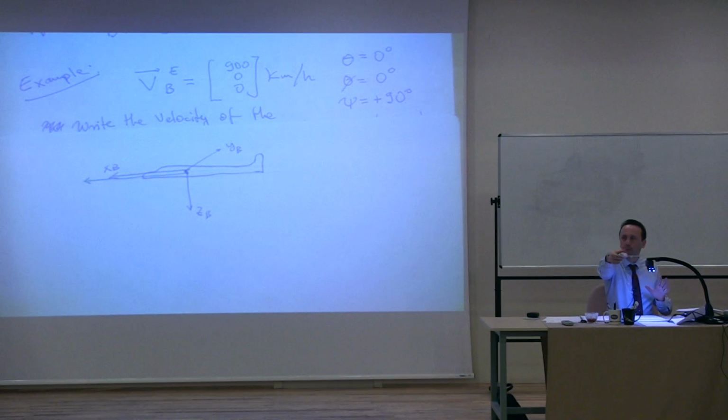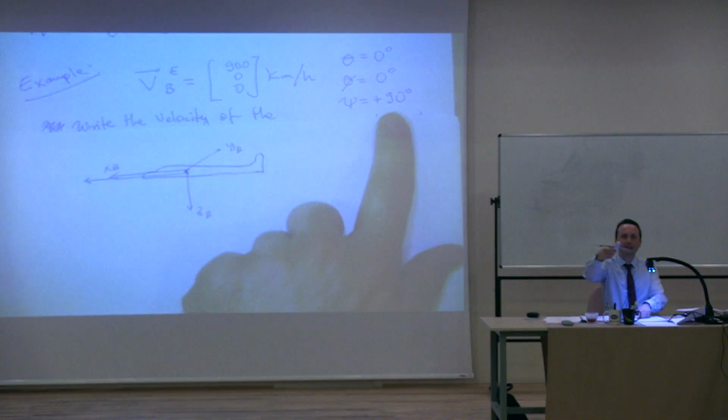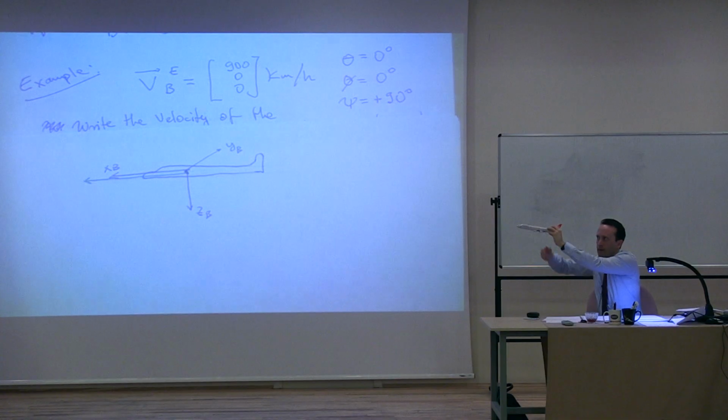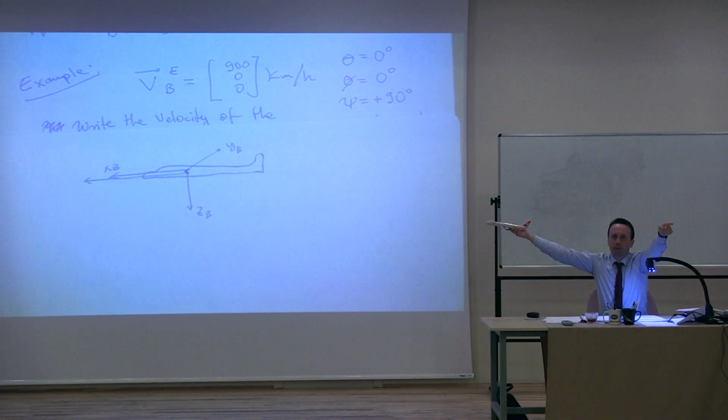Yeah, of course XB, but in the vehicle carried coordinate system. East. It is flying east. Why is it flying east? Because psi is 90 degrees. What does it mean? We start from the vehicle carried coordinate system, so the airplane is pointing towards north, then 90 degrees, a positive 90 degrees. Z is down, positive 90 degrees. You go this way. North, east, down.